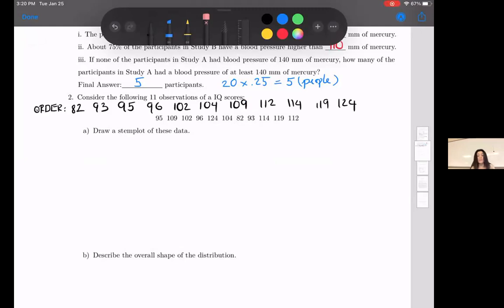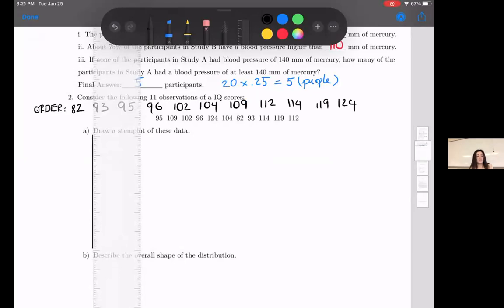All right. Now we draw a stem plot. By the way, you have 2 parts, the stem part and the leaf part. The leaf part is always one digit. I think I said it backward before when I was lecturing, but let me say it again. The leaf part is always 1 digit.